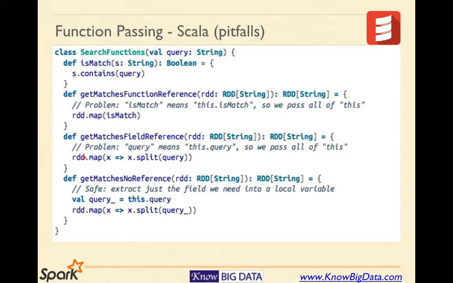Similarly here we are again referring to query, which is a member variable, and hence it's going to take the entire object. But if you dereference this variable to a local variable here and then pass this variable here, then this is okay, because this is a local variable. This local variable is not referring to any class or object.